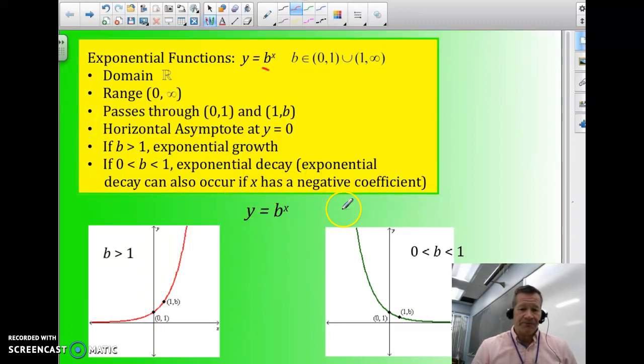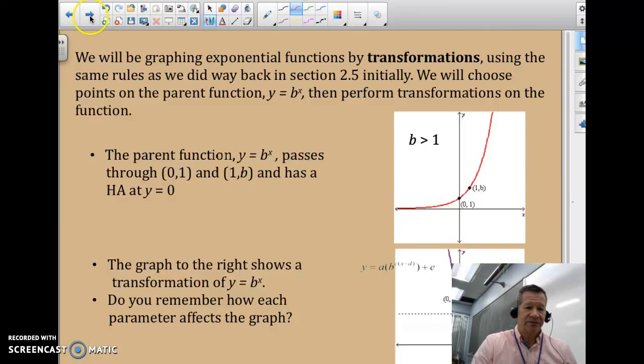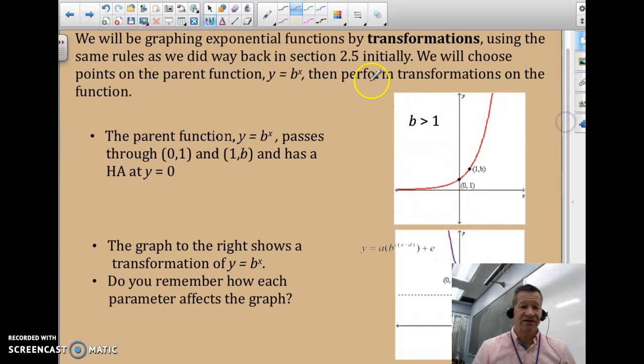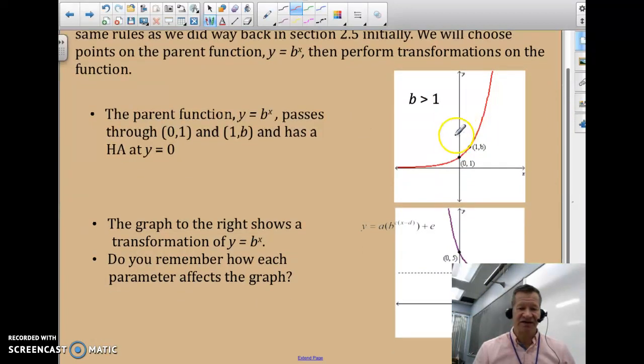Okay, so let's graph some of these using transformations. But first, let's just look at this. So we're going to be graphing by transformations using the same rules we did way back in chapter 2. So if I have a parent function such as this, when I have transformations, you notice this function, instead of just being b to the x, which is the parent function, now we've done a bunch of things.